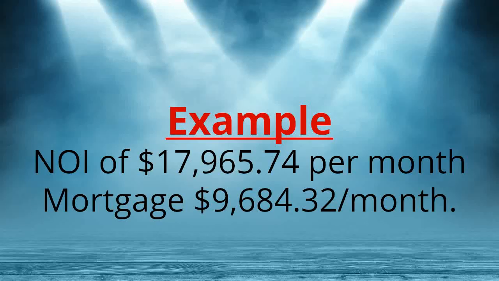So for example, if you have a property that produces an NOI of $17,000 plus per month, the mortgage payment is $9,000 plus per month.